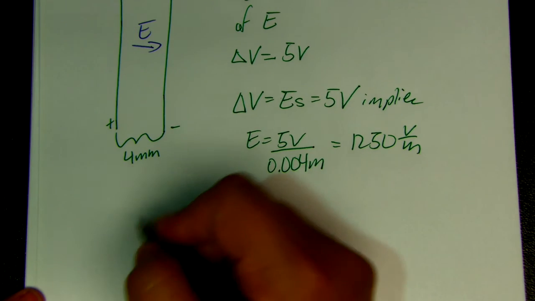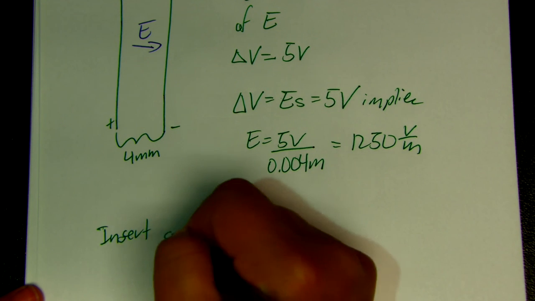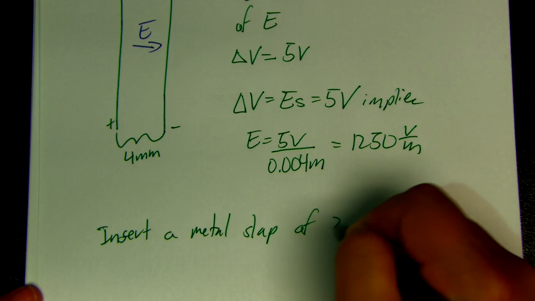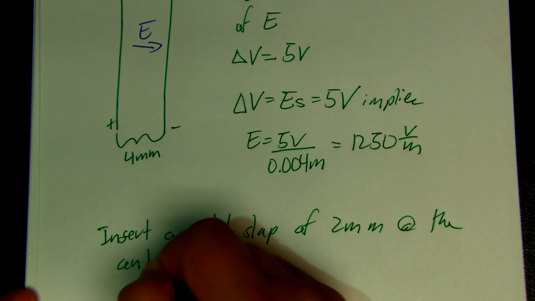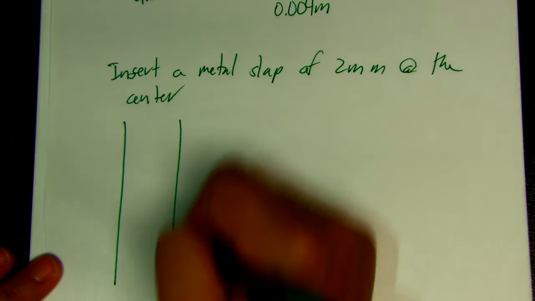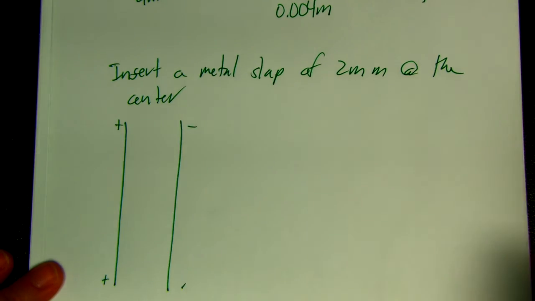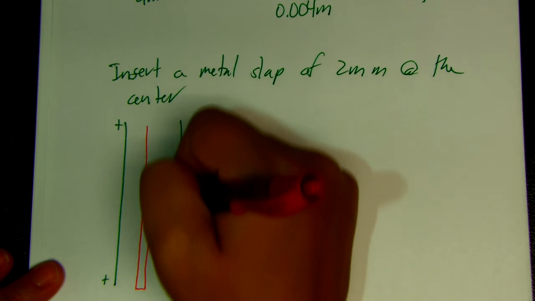And now let's look at this capacitor, and we're going to insert a metal slab of 2 millimeters at the center. Here's our capacitor. Here is our metal slab.